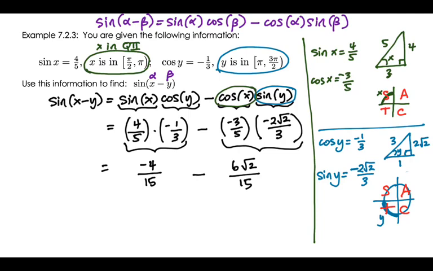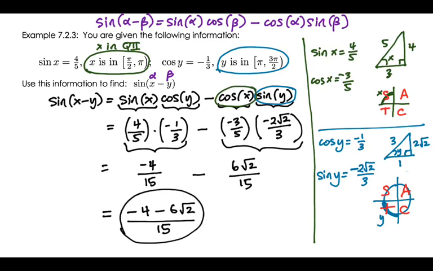And I've got subtraction in between. So I've got negative 4. Common denominator of 15 is already there, so just subtract across the top. Negative 4 minus 6 root 2 all over 15. And that messy fraction is equal to sine of x minus y.